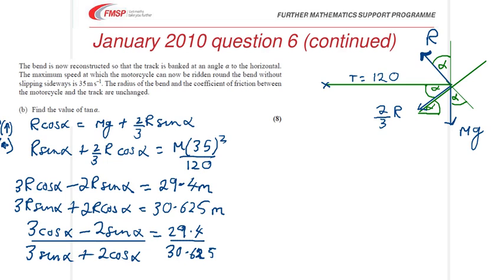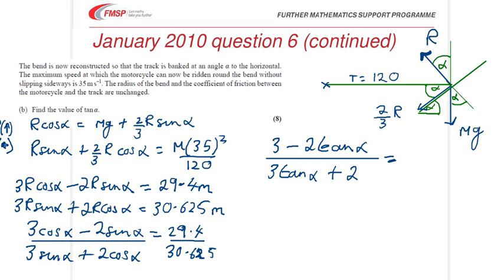Now, how do we find tan alpha from that? Well, divide top and bottom of that fraction on the left, divide right through by cos alpha. And if we do that, the equations become 3 minus 2 tan alpha over 3 tan alpha plus 2 is equal to, and actually 29.4 over 30.625, that, when you put it in the calculator, comes to 24 over 25.